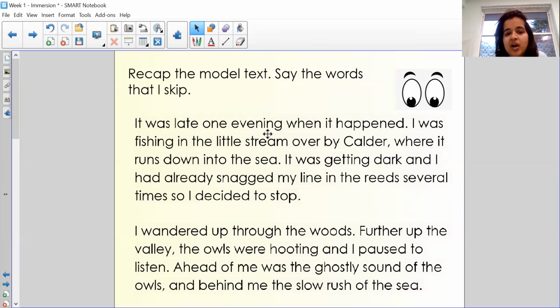It was late one evening when I was fishing in the little over by Calder, where it down into the, it was getting, and I had already my line in the reeds several times, so I to stop.